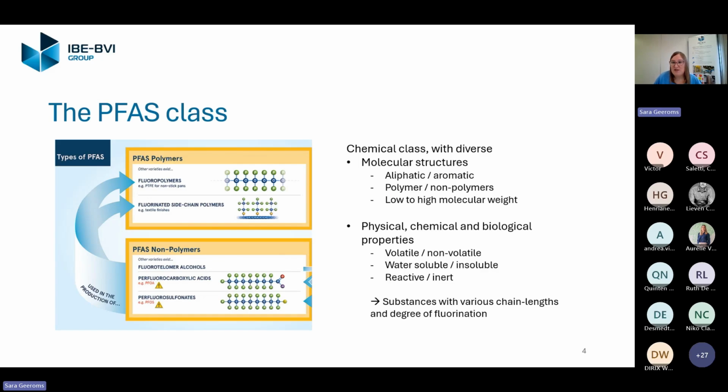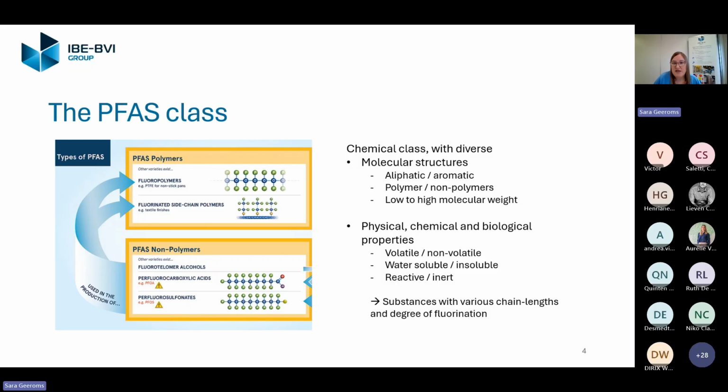So we have a broad class of chemicals with a variety of molecular structures and physical, chemical, and biological properties. They can be polymers or non-polymers. There is a variety in chain lengths, degrees of fluorination, volatility, solubility, and so on.